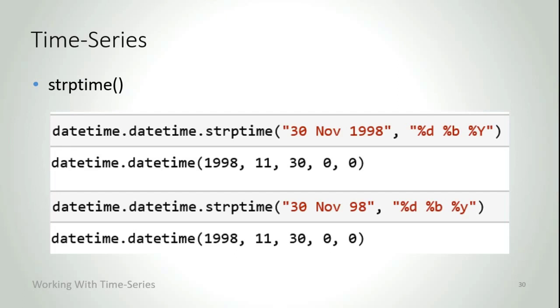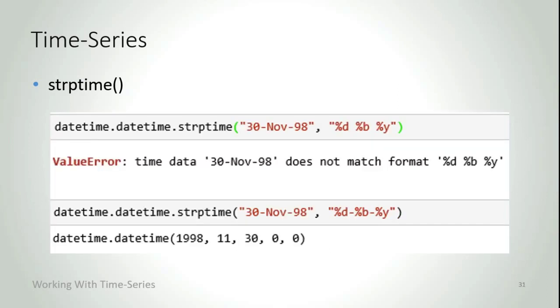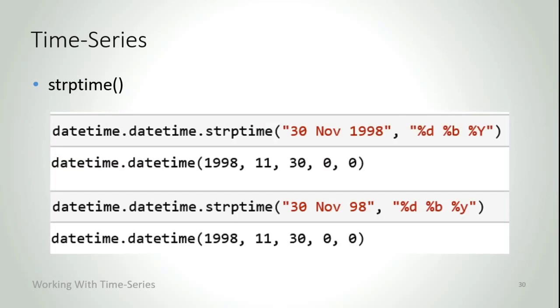And it actually works also not only with 1998 but also with 98, as you see. Just the Y in this placeholder, which talks about the year, is changed from capital to lowercase.